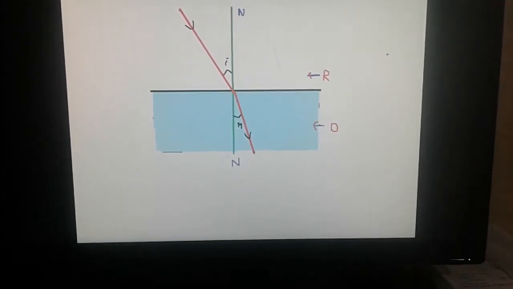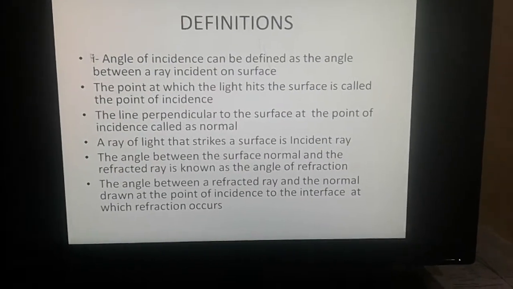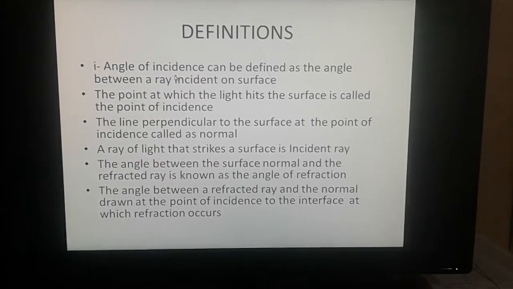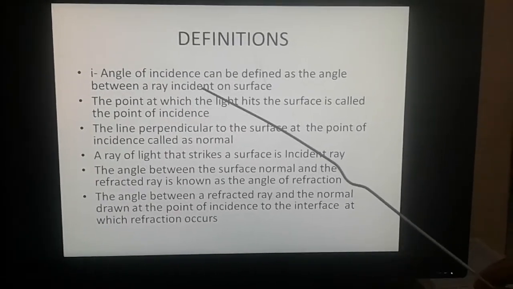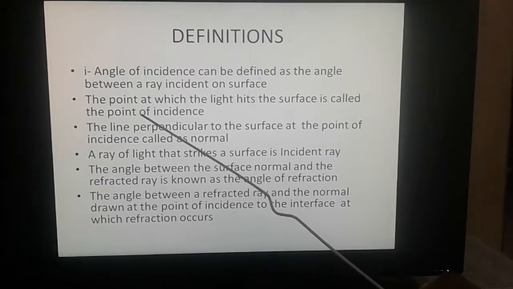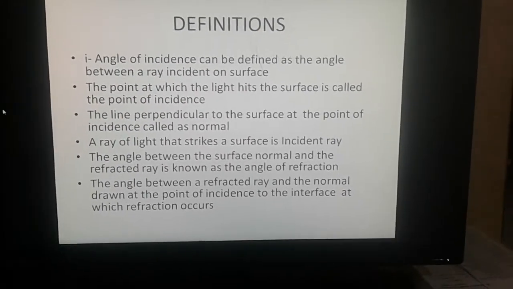Next, coming to the next slide, we can see the definitions. i, the angle of incidence, can be defined as the angle between the incident ray on the surface and the normal. And point of incidence, let us go back to the diagram.